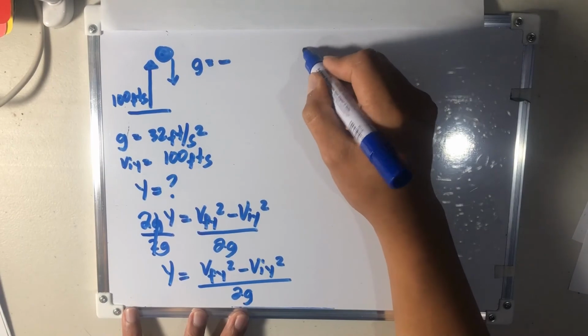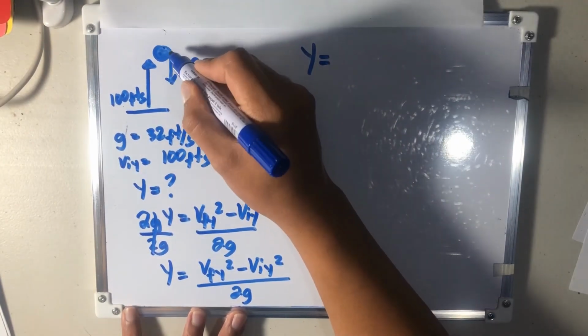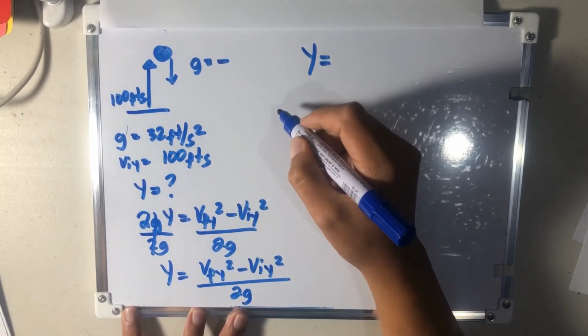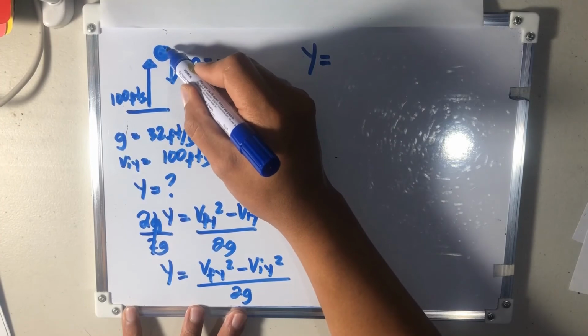So substitute the given. Since the object reaches its maximum height, it will stop. Therefore, the velocity at this point will become 0.